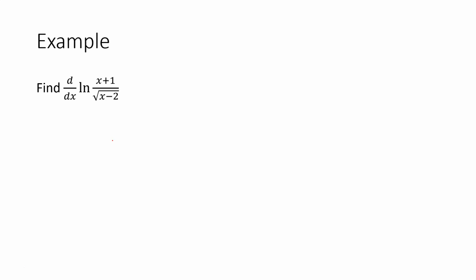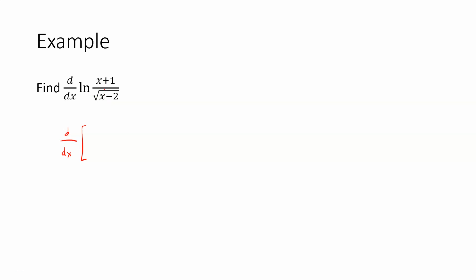Let's try this example. What I notice here is we've got the derivative of ln of x plus 1 over the square root of x minus 2. Since I've got a quotient inside that logarithm, before I take the derivative, what I might want to do here is apply a property of logarithms that makes this perhaps a little bit easier to differentiate.